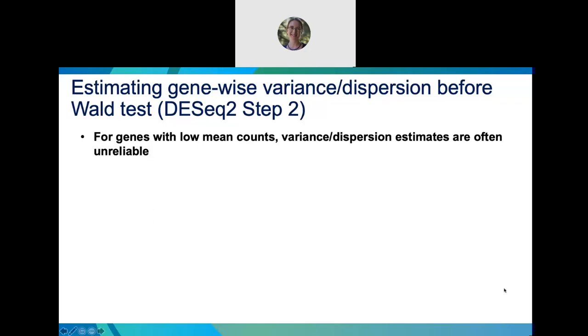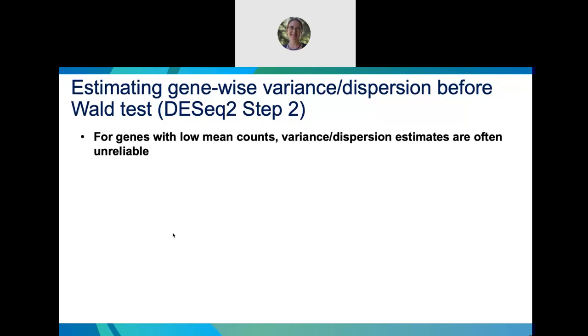So the thing is, in RNA sequencing data, if you have genes with really low mean counts, it's easy to get technical stochasticity. So if there's just not a lot of that gene to pick up in the cell, it's easy to pick it up sometimes and not other times.